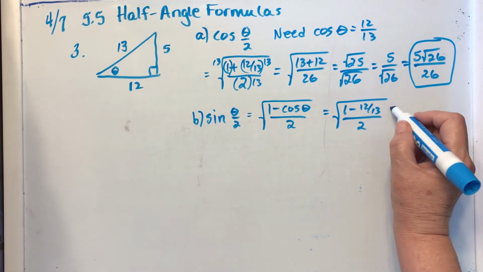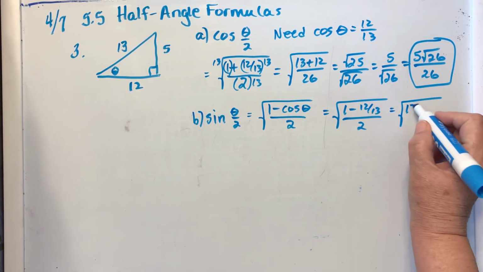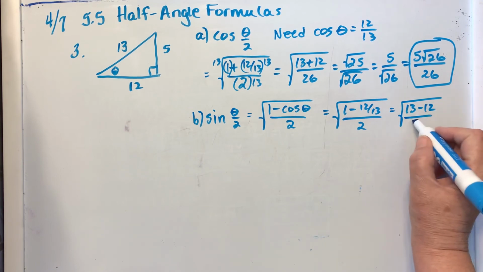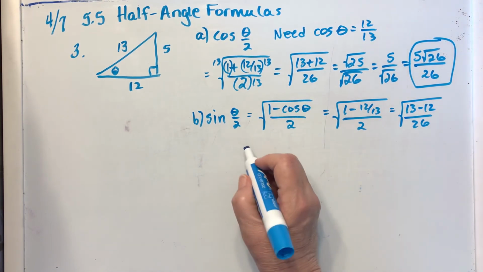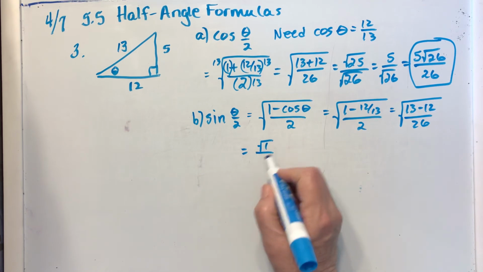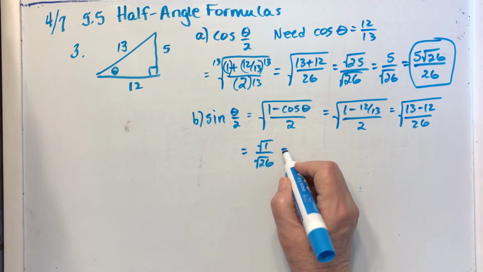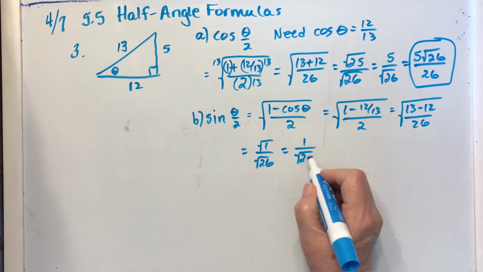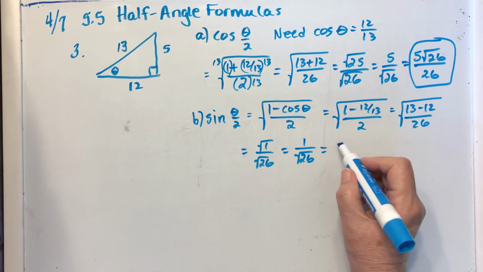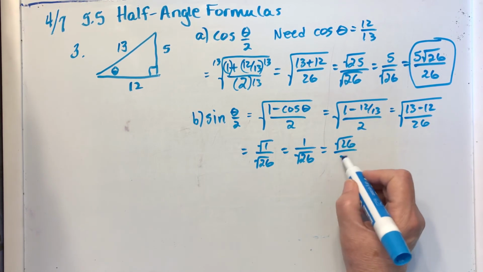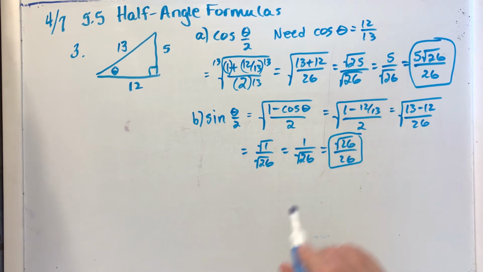Multiply everything by 13. We get 13 minus 12, all over 26. So that's the square root of 1 over the square root of 26. Square root of 1 is just 1, so we have 1 over the square root of 26. Rationalize that, we have square root of 26 over 26.